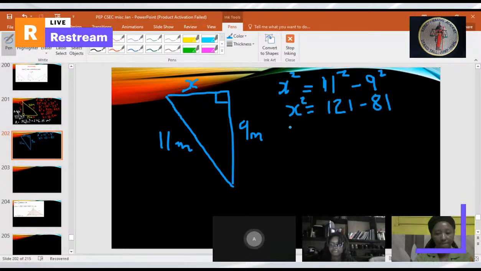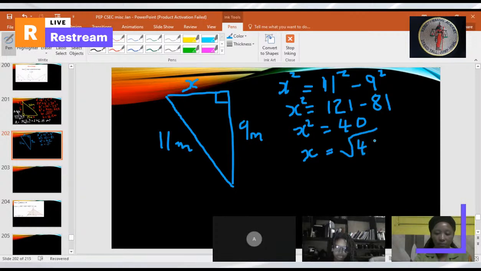So x squared is equal to 40. So x is equal to the square root of 40. So x is equal to 6.3.